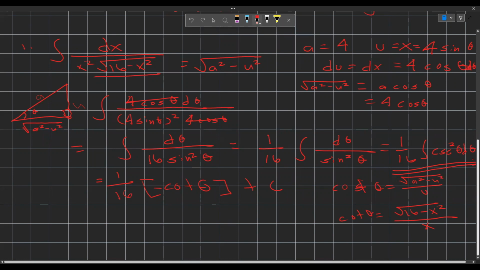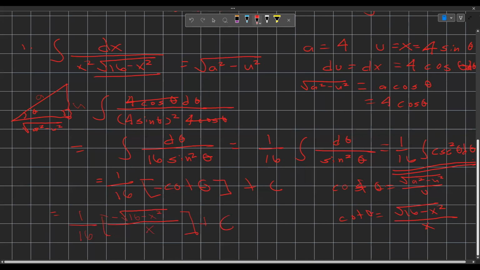And once we substitute it, let's write down here 1 over 16 times, let me write it more legibly, negative 16, since that's what it says, over x plus c.